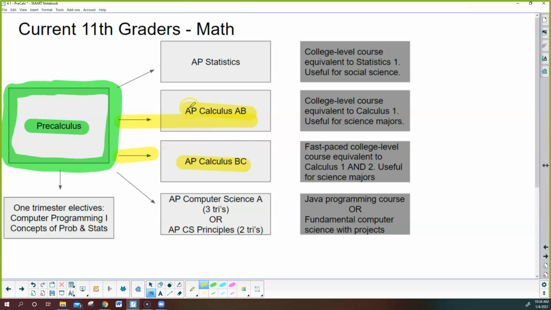So those are kind of the natural progressions if you want to go into a major that's science or math related. If you're going into the medical field, that also would be something we recommend.